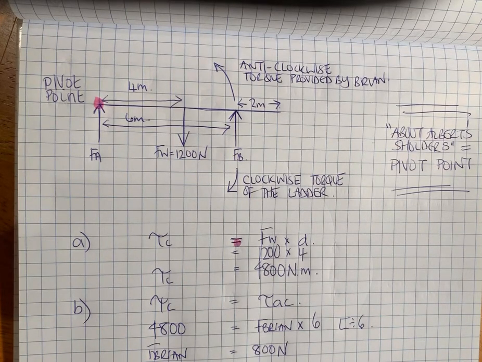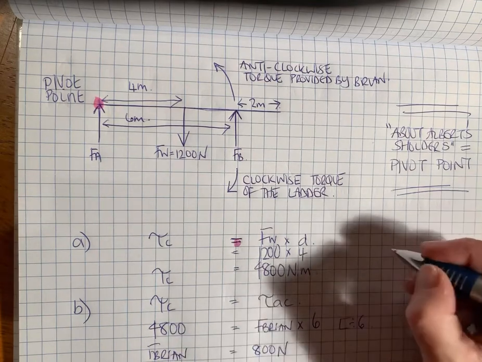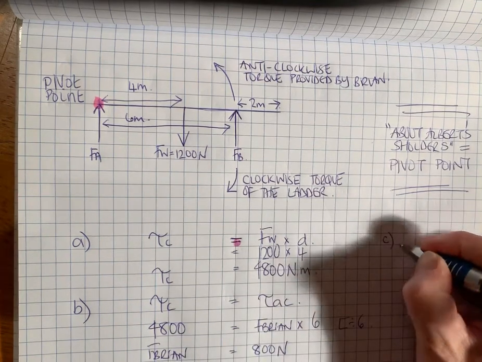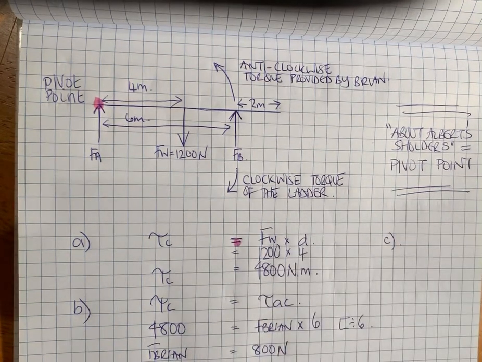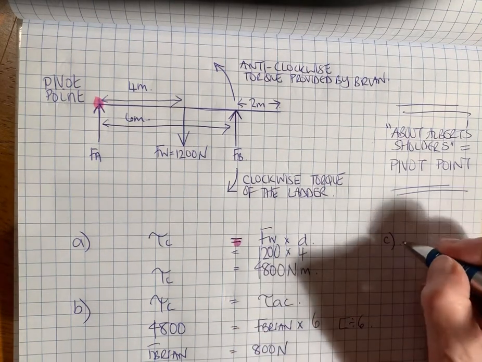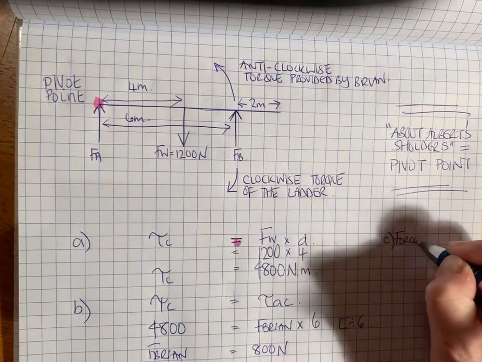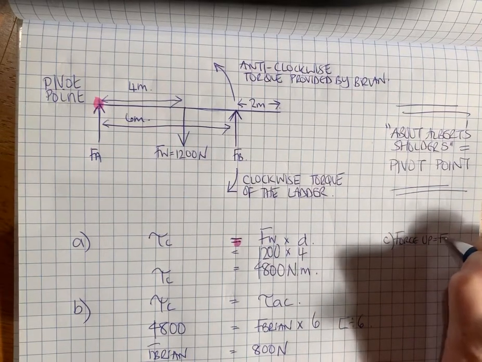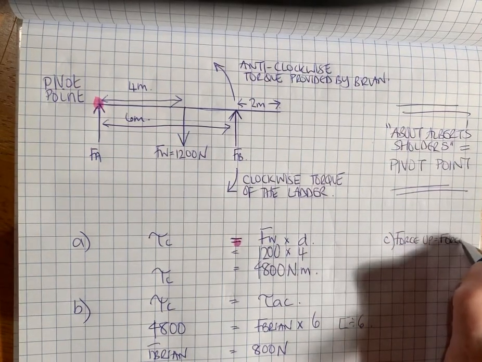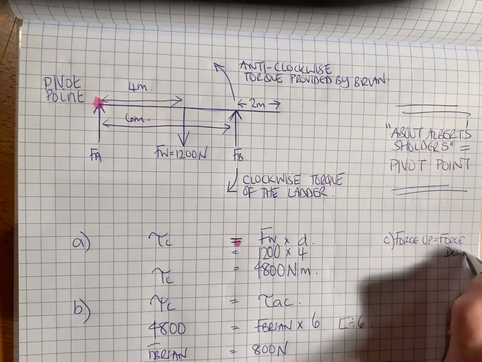Okay, and then part C says find the force that Albert exerts up on the ladder. Remember, we did on the last page, force up equals force down.